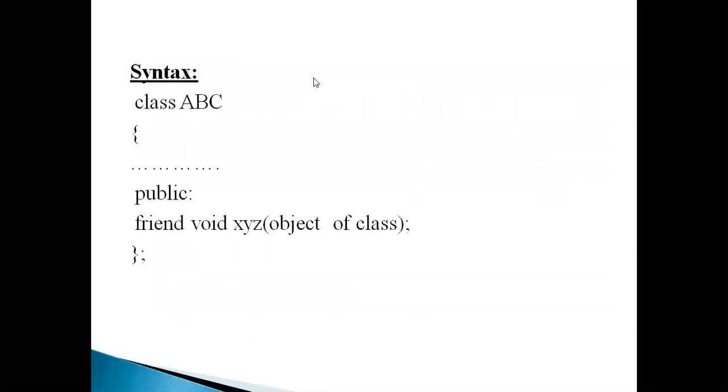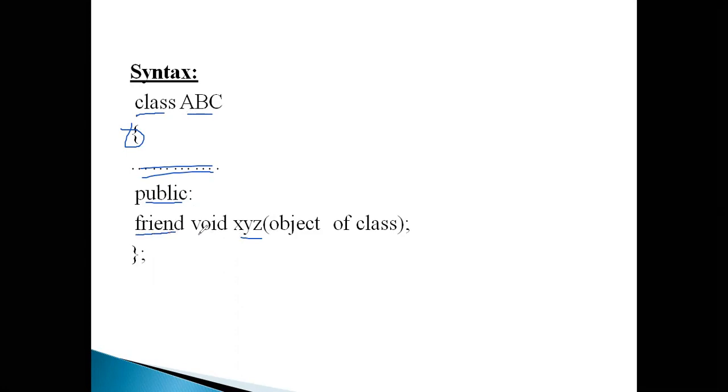Now look at this, how to declare and define a friend function. Here I am defining a class with the class keyword, and the class name is ABC. I am opening the class and declaring some members in the private section, and then come to the public part. In the public part, I declare one function as a friend function by means of the keyword friend.